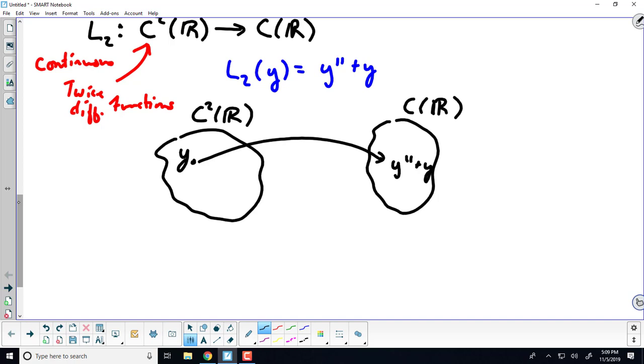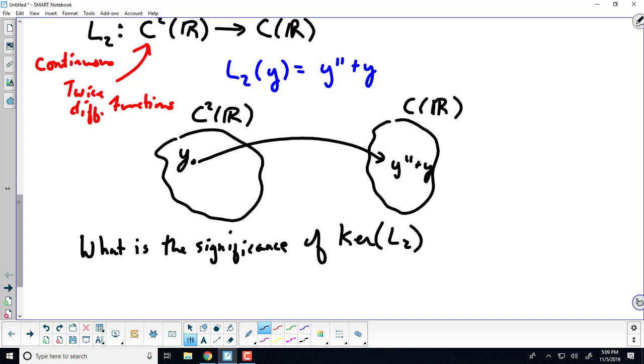But let's ask the question, what is the significance of the kernel of L2? What is that significance? So first of all, what is the kernel?